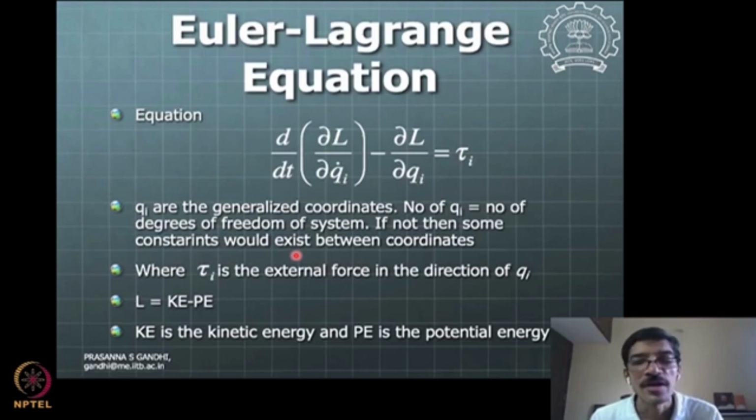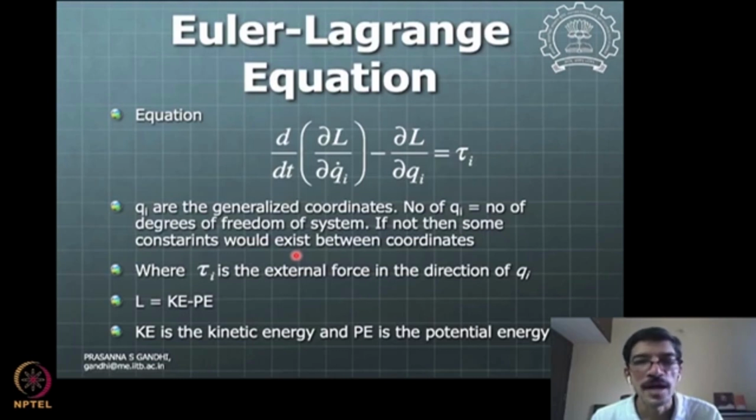But if we express kinetic energy and potential energy in terms of x and y, x and y are not independent of each other for a pendulum, because it is moving along a circular path. That path gives some kind of constraint between x and y. So then this particular equation may not be applicable.